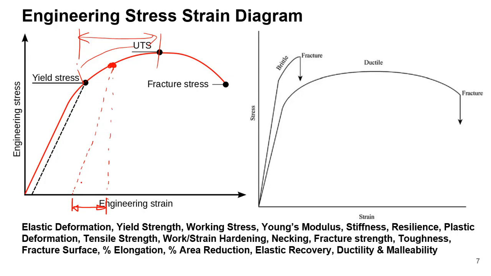Okay, that is what is called the elastic recovery, and this line will be exactly parallel to this particular line. So they are parallel lines. And the slope is what? The slope is the modulus of elasticity. So this is the elastic deformation part, so that will be recovered.